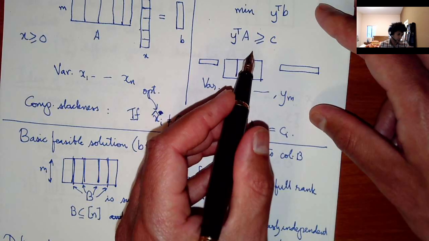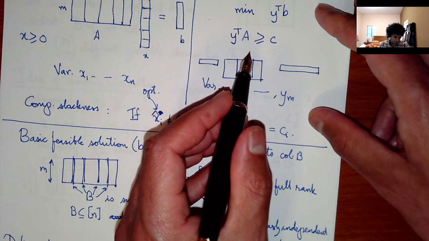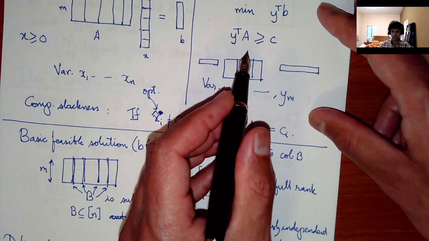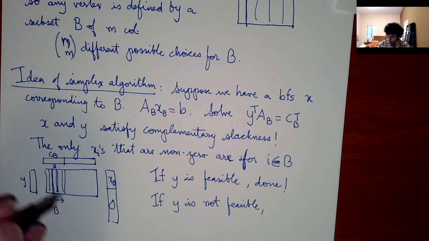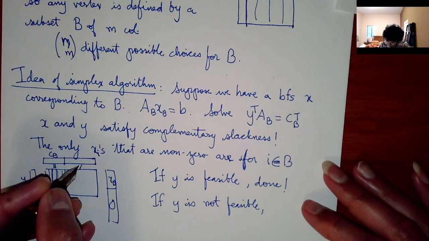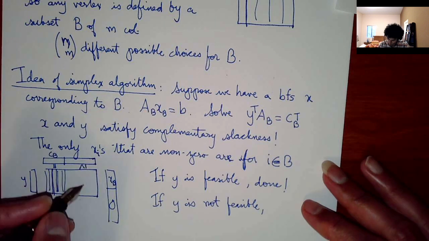Remember, y transpose A has to be greater than or equal to c. So if y is not feasible, then one of these constraints is failing. So maybe this constraint fails.